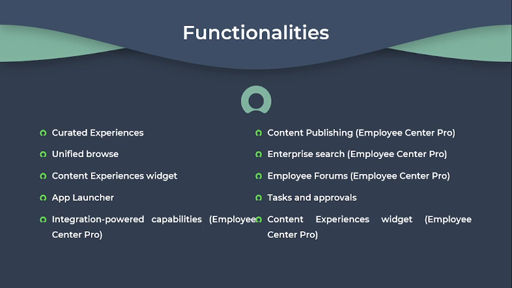Then enterprise search is also an Employee Center Pro functionality which utilizes enterprise AI driven search that enables employees to find critical information like leave balance, improve content discovery with search on topic pages, and learning based recommendations for self solving minor issues, accessing and using SharePoint online search connected with the Employee Center Pro.